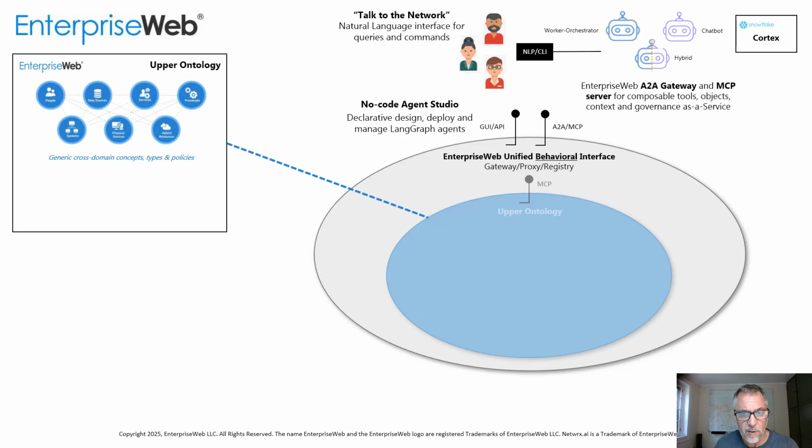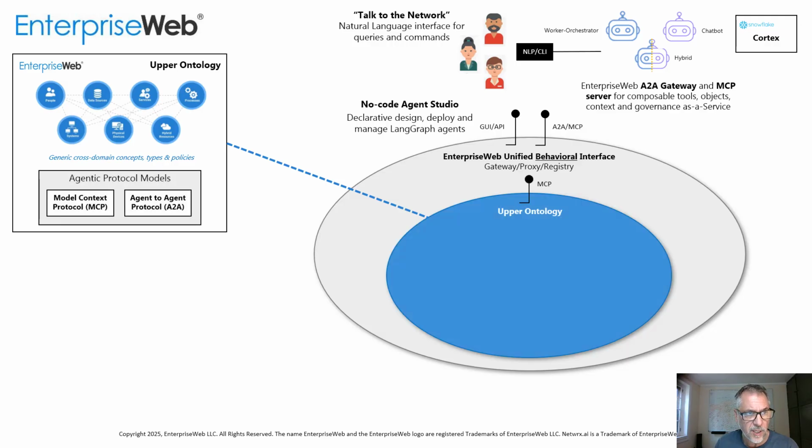So as we mentioned earlier, there is an upper ontology in Enterprise Web, and that upper ontology provides generic cross-domain concepts, types, and policies. So think of that as Enterprise Web knows what business units are, what people are, what permissions are, what locations and facilities are. Generic concepts that apply across all verticals.